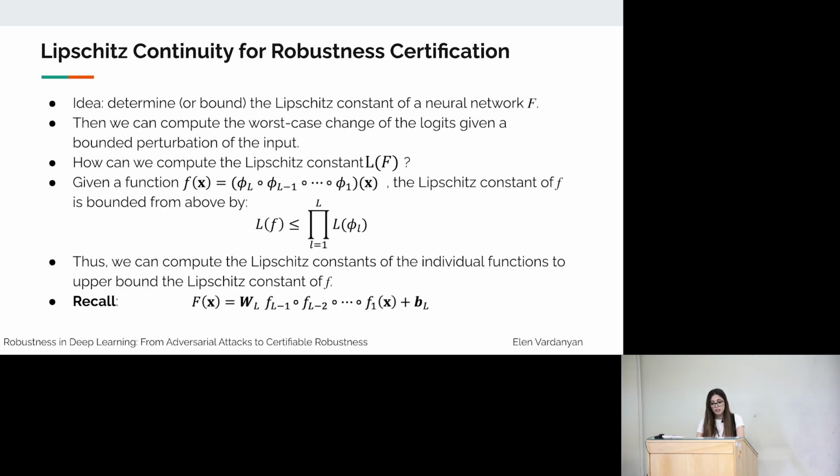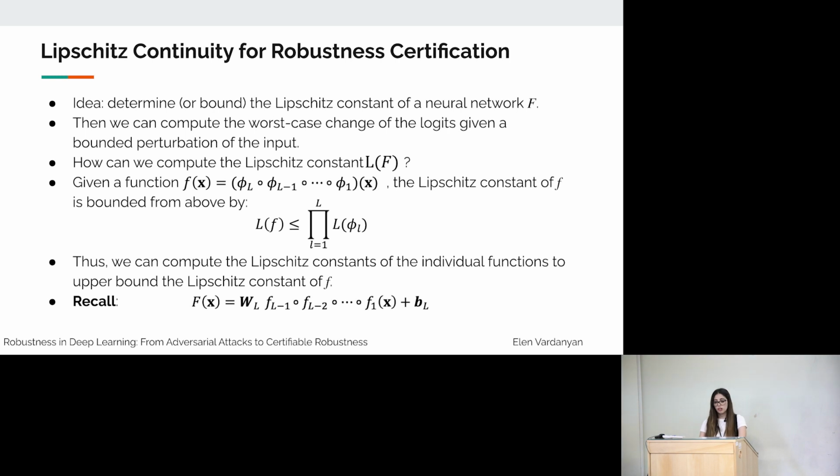So the idea for this certification is to compute the Lipschitz constant for the neural network f. And how do we actually compute the Lipschitz constants? When we're given a composite function like this, the Lipschitz constant will be bounded from above by the multiplication of all of the Lipschitz constants of these individual smaller functions.